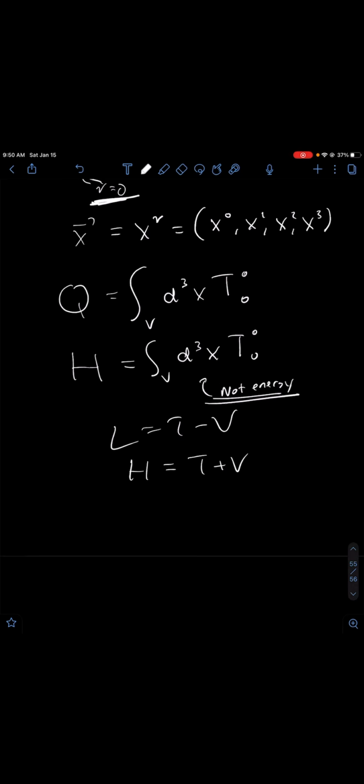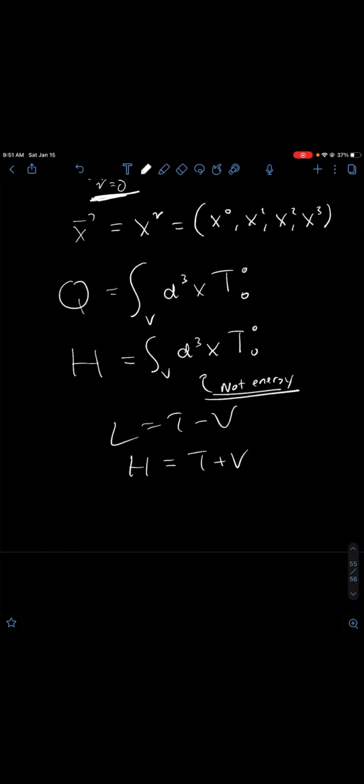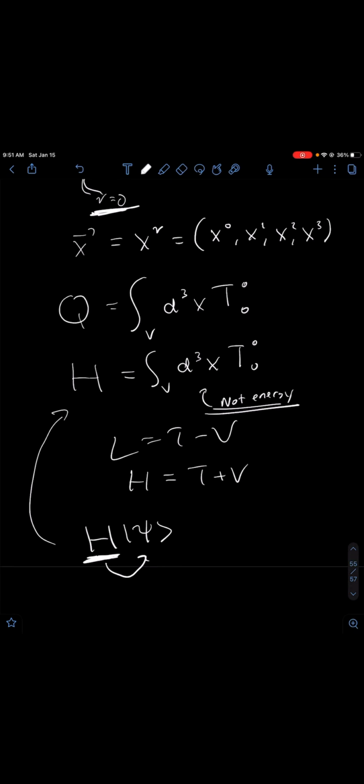However, we will see in the near future that if we were to have some vector, let's just call it psi, and our Hamiltonian acts on the vector, it will actually give out the energy of the system times the vector.